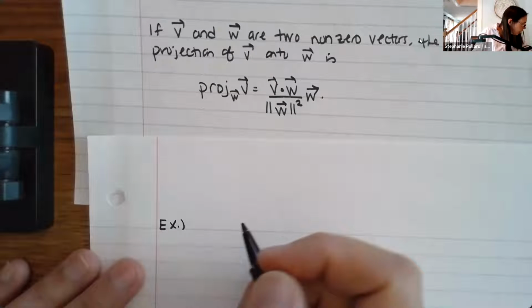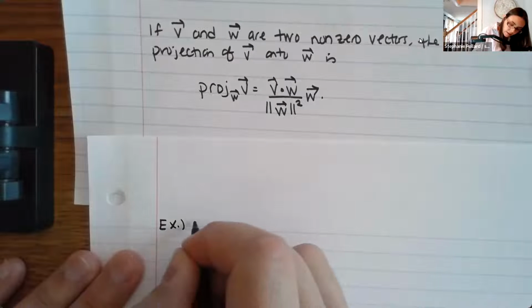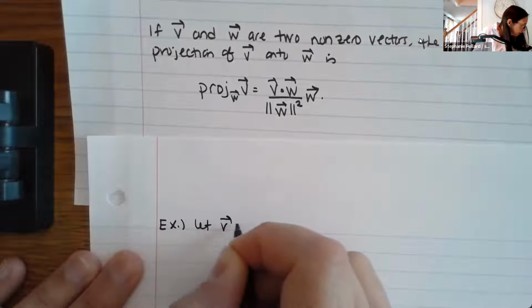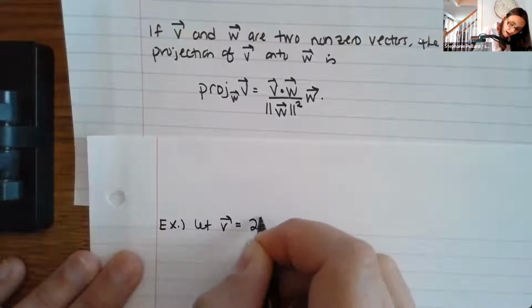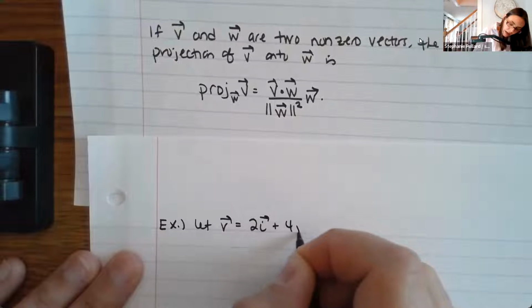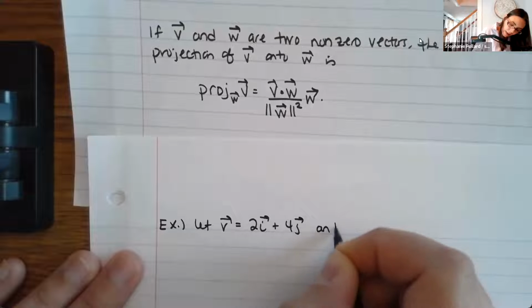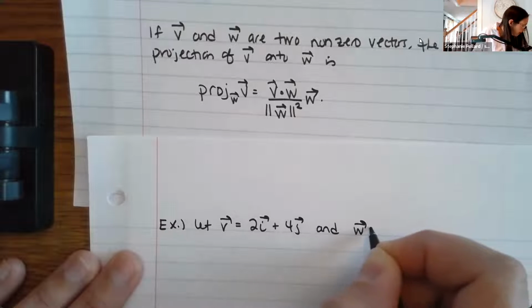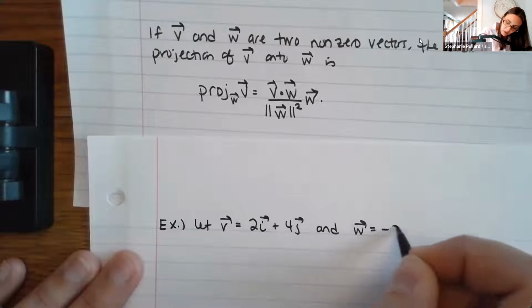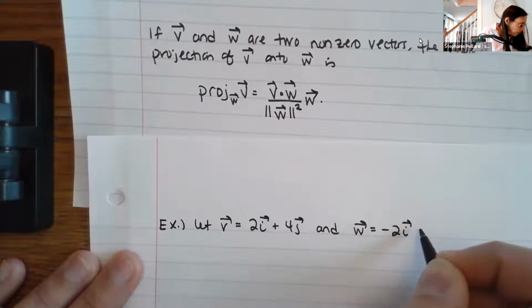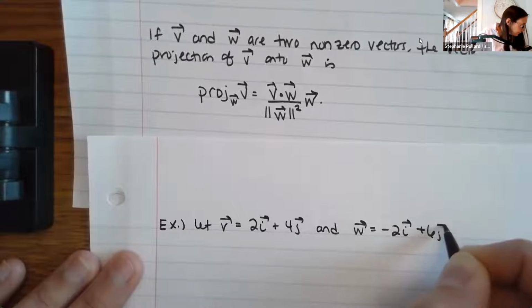All right. Let V be the vector 2i plus 4j, and W the vector negative 2i plus 6j.